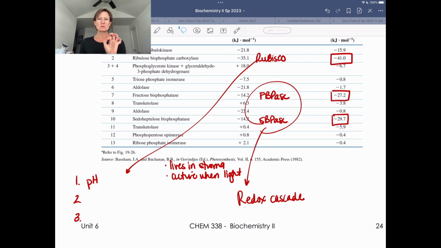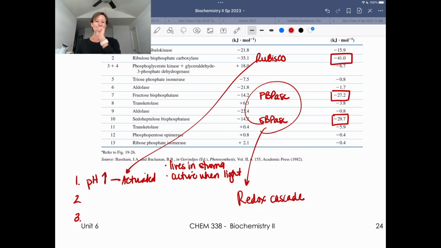So let's think about what the pH of the stroma is going to be like when it's light out. When it's light out, we're doing lots of electron transport, which means we're doing lots of proton translocation to generate a proton gradient, which means the concentration of protons is going to be low in the stroma, which means pH is going to be high. So when the pH is high, we are going to be activating Rubisco.